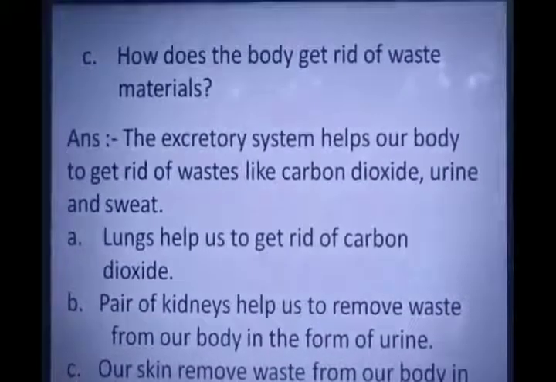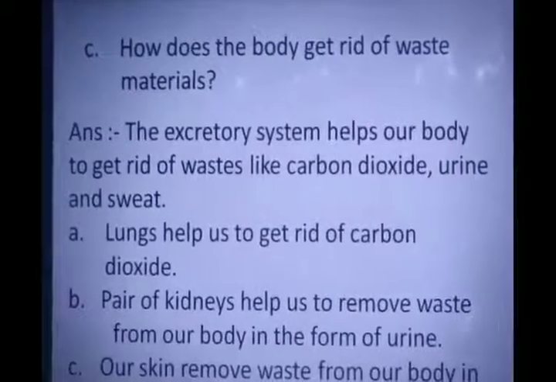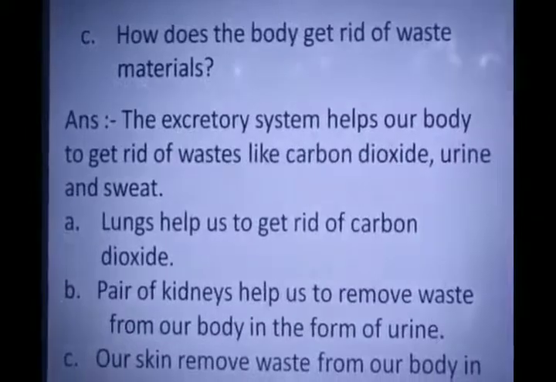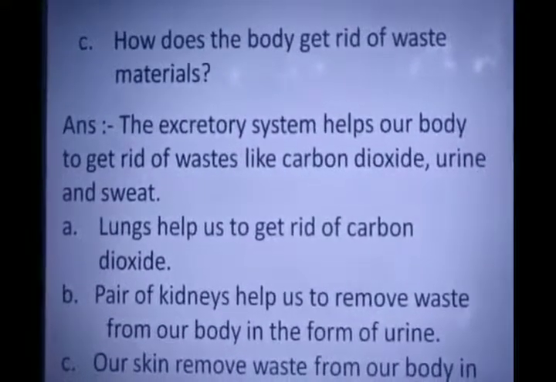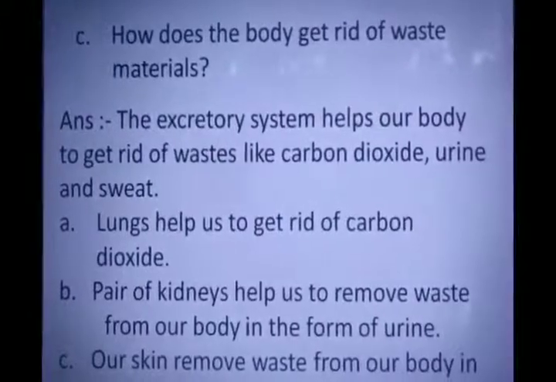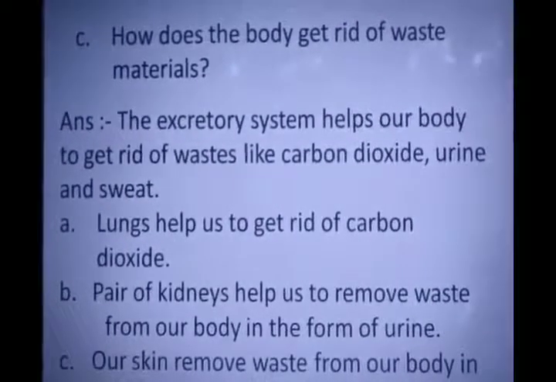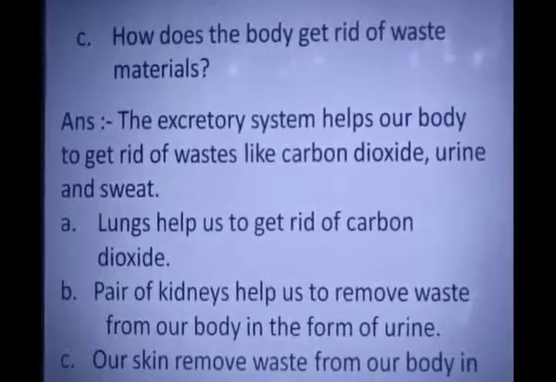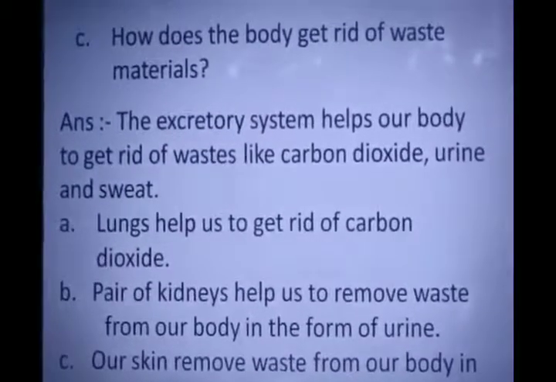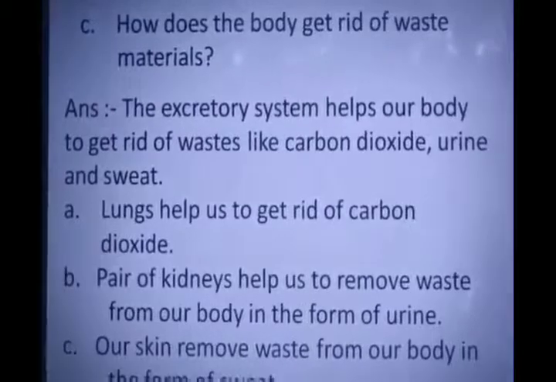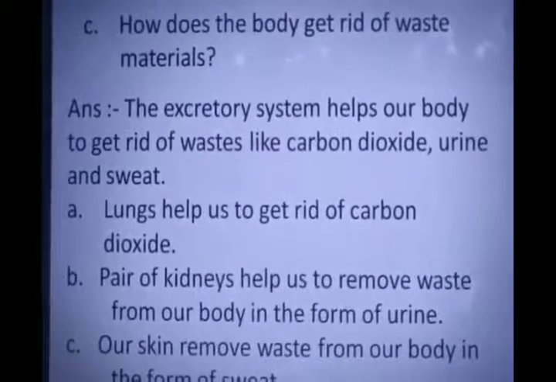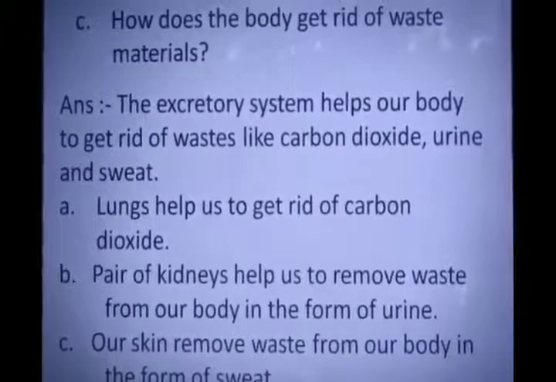So here is our answer 6c. The excretory system helps our body to get rid of waste like carbon dioxide, urine and sweat. First, lungs help us to get rid of carbon dioxide.